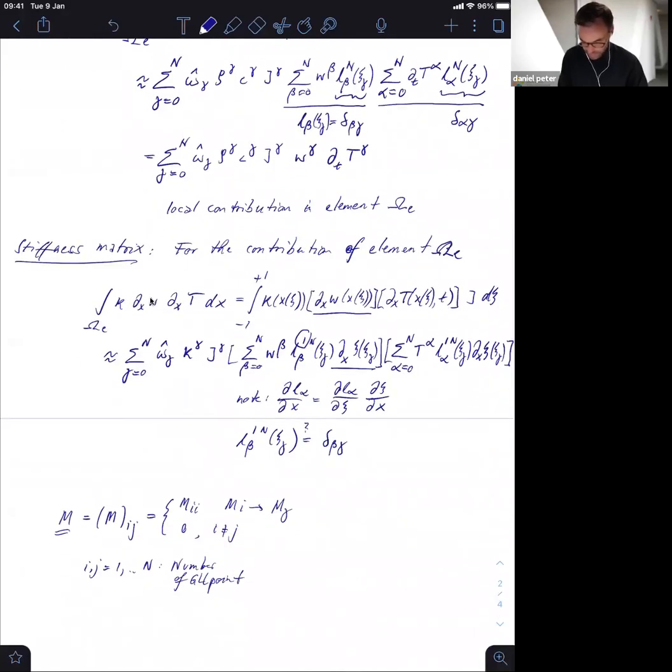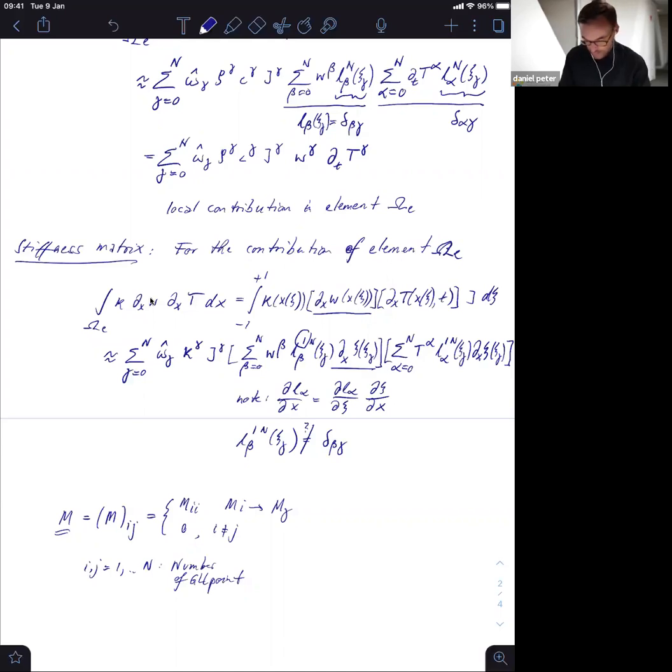So here, the derivative of the polynomials evaluated at the GLL points is not zero anymore. Which means we have to keep these additional summations now. It doesn't simplify further.